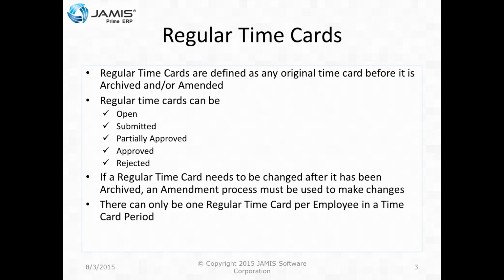If it has already been archived, you need an amendment process in order to make changes. And the bottom line is there can only be one regular time card out there in the system per employee per time card period. It is not going to allow you to make the mistake of having two time cards out there at the same time.